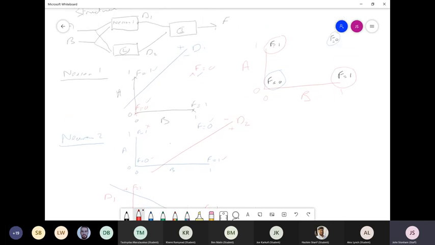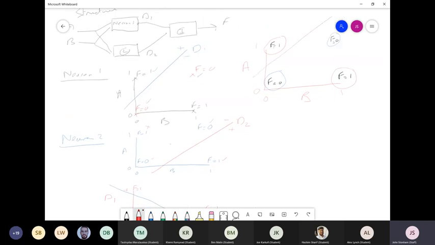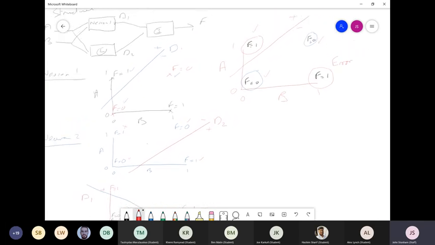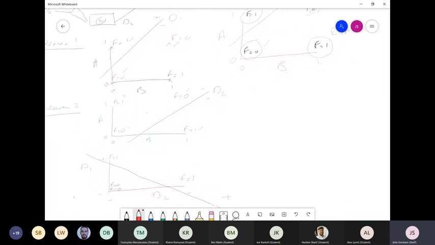So if I now draw the decision surface here and have this the plus side and this the minus side, and F equals 1 is the plus side, this will be correct on the plus side, F equals 0 on the minus side correct, F equals 0 on the minus side correct, but this one would be an error. So it will partially solve the problem, but with some error in one of the input patterns.